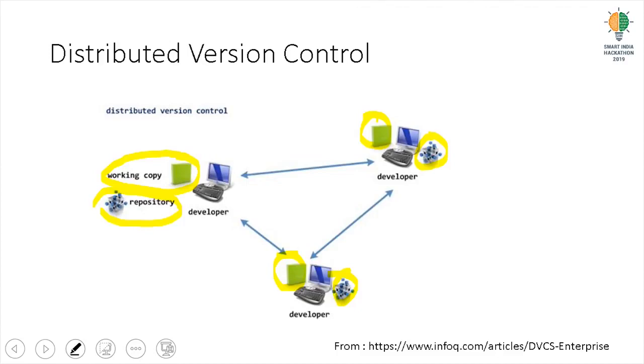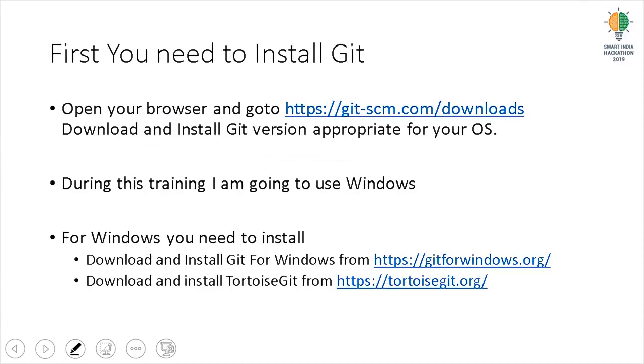Now, today we are going to start by installing the Git software first, the Git client on your own machine, and then we will see how to create a repository on GitHub, and then we will do the exercises using that repository.